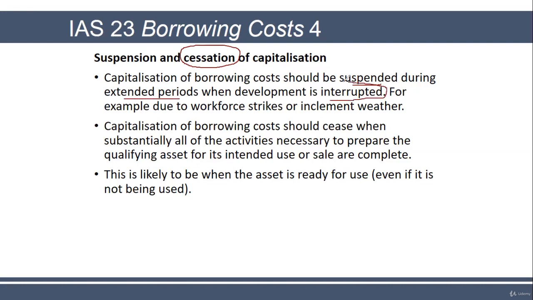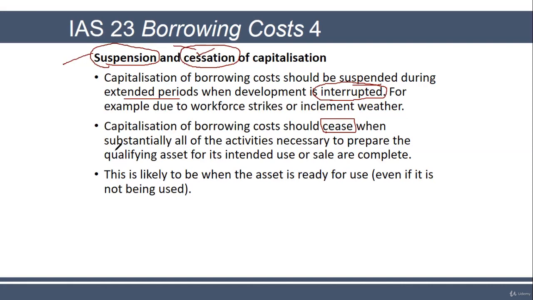If you are not doing any construction for that 1 month or 2 months, you cannot capitalize. This is called suspension. Suspension means the temporary stoppage, and cessation means you permanently stop. Capitalization of borrowing cost should cease. Cease means when you stop permanently. Suspension is temporary. Cessation is when you are finished.